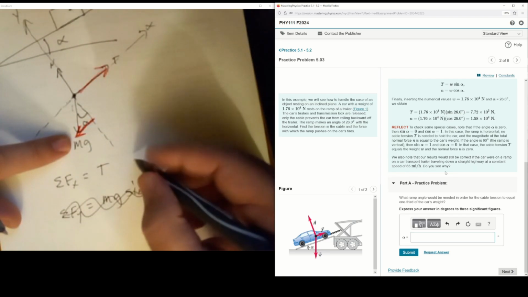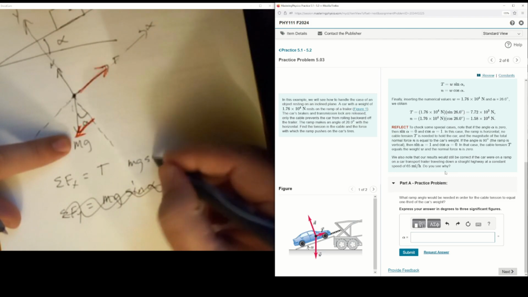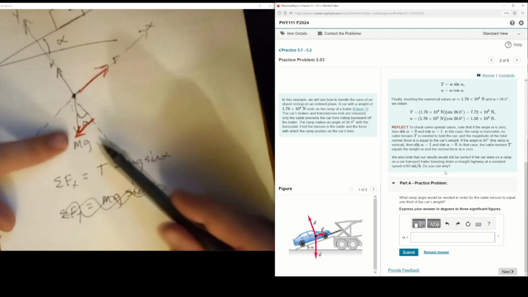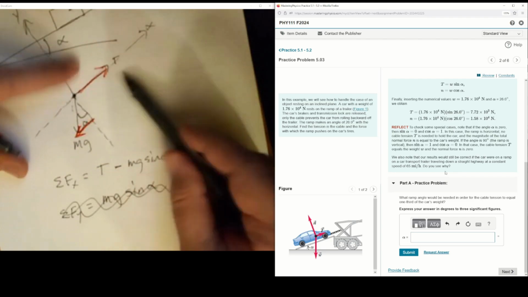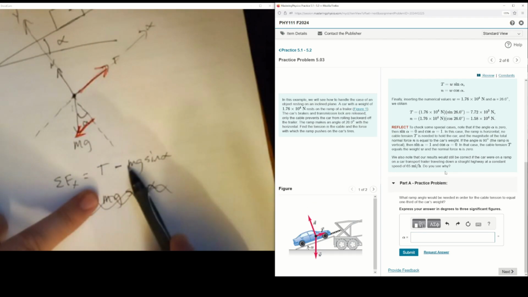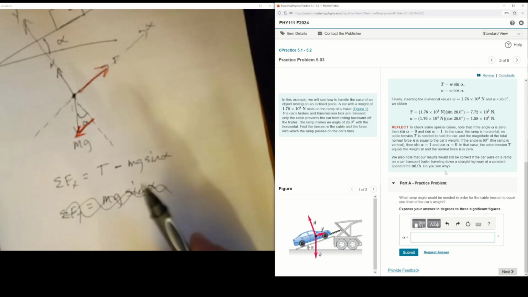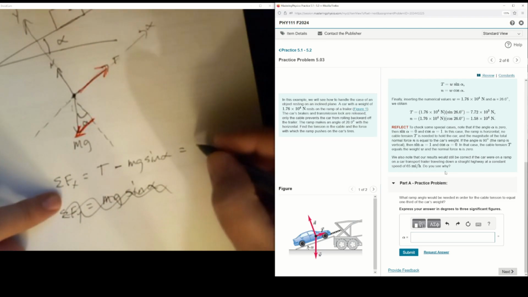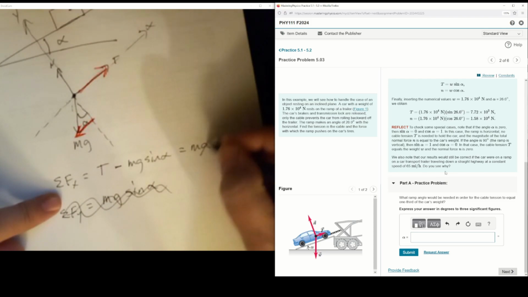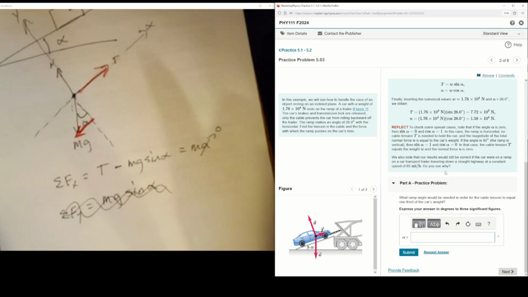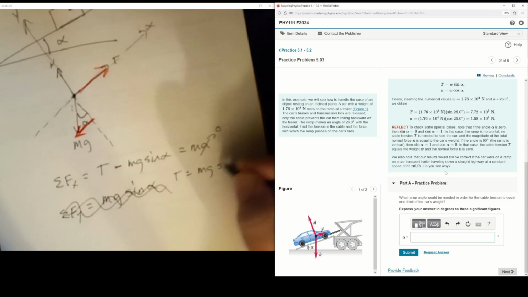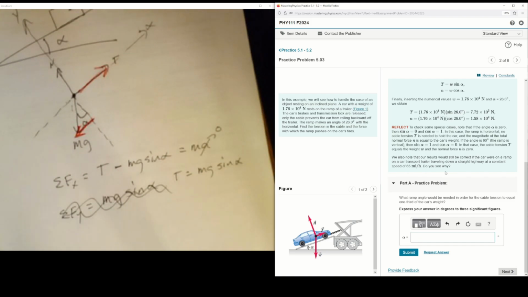That component is mg sine alpha, pointed in the negative direction: here's positive, here's negative. Newton says this equals ma, but it's in equilibrium, so a is 0. And so we get that tension equals mg sine alpha.